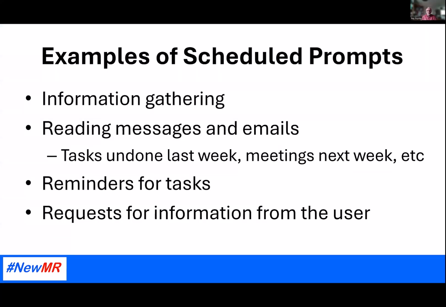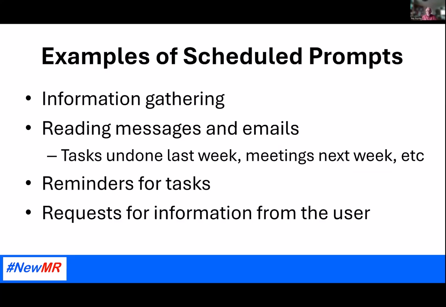So, examples of things that I use them for. I use them to gather information. I use ones that are connected to my email, so it's pretty straightforward with Gemini to look at my Gmail. It's pretty straightforward with ChatGPT actually to look at my Outlook because I've got a connection working.